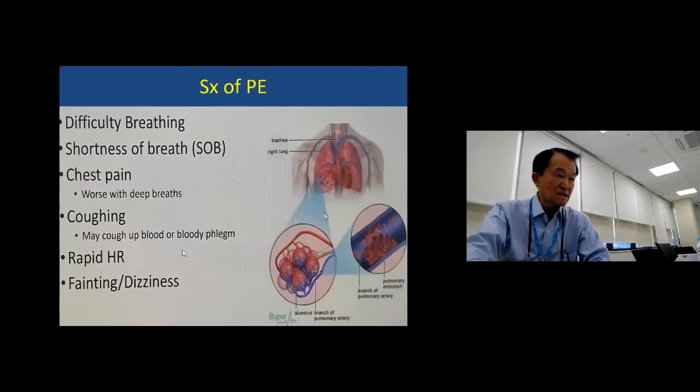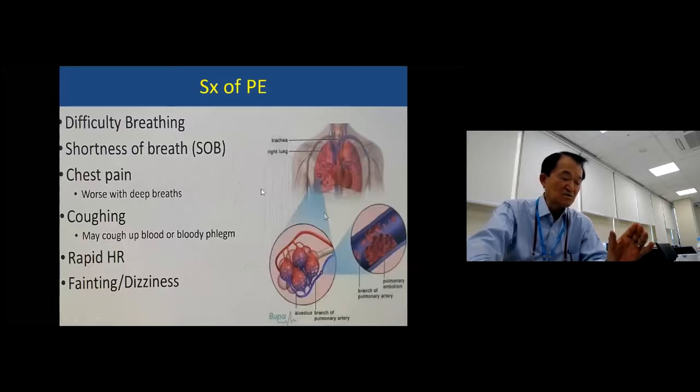And the symptoms are related to bronchial changes. See, our body is trying to maintain the VQ ratio. So if Q is down, V has to be down also. So that causes bronchial obstruction, so shortness of breath.